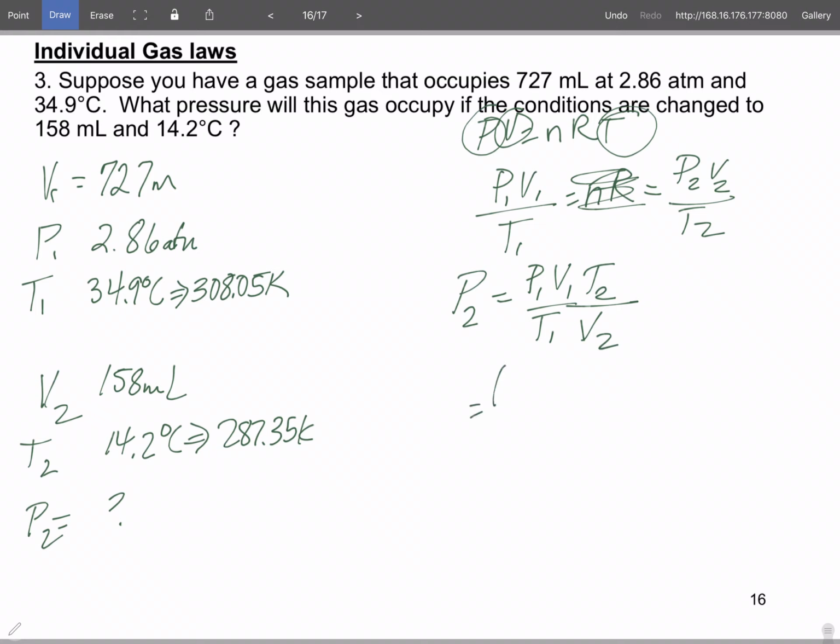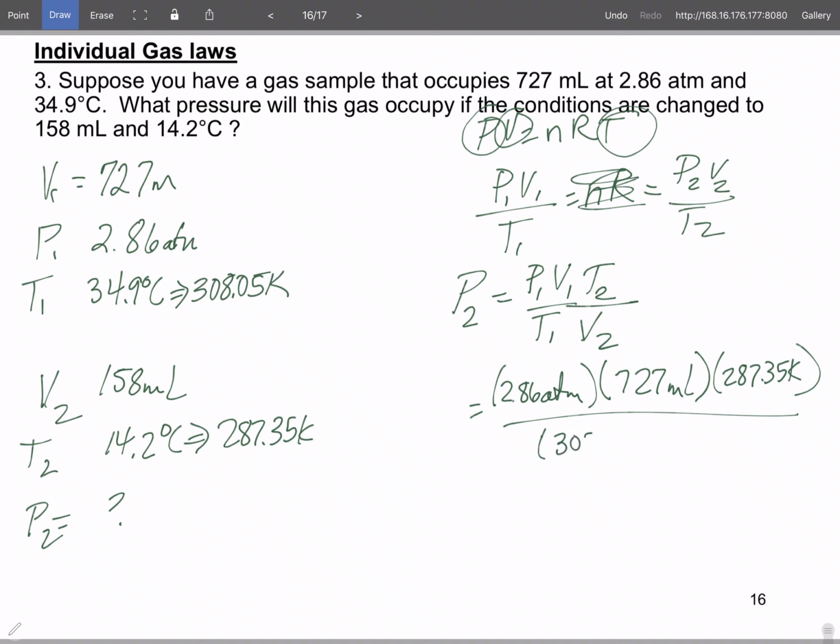So then we get P1, 2.86 atmospheres, V1, 727 milliliters, over T2, which is 287.35 K, divided by T1, which is 308.05 K, and V2, which is 158.